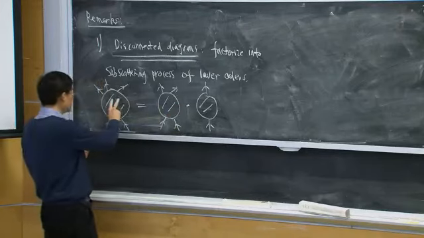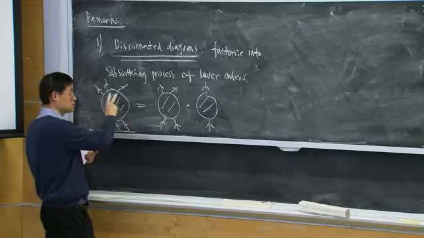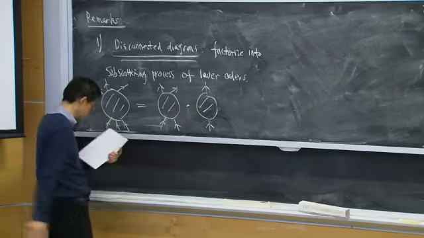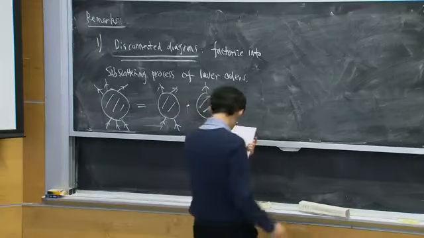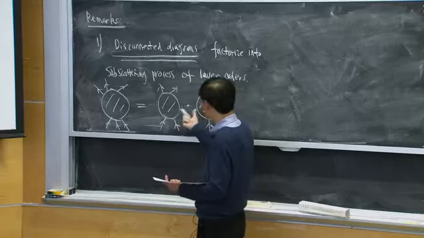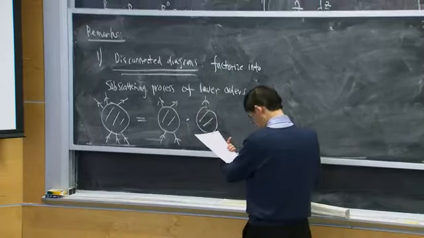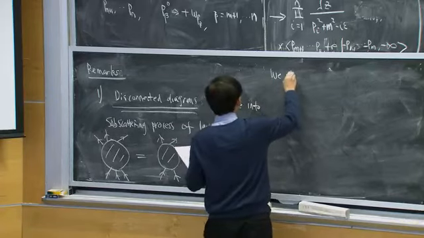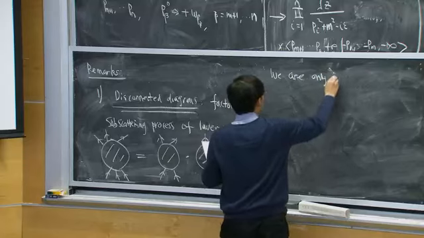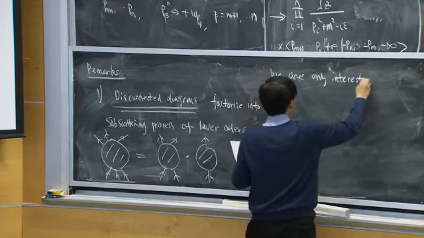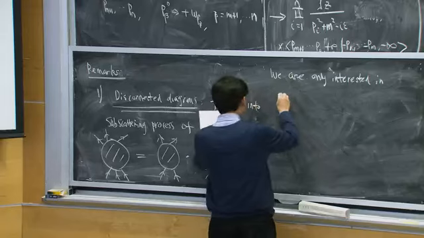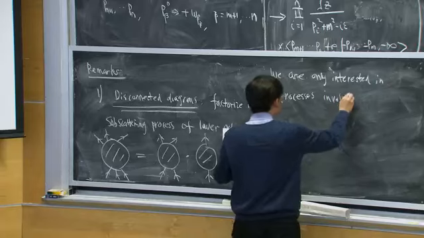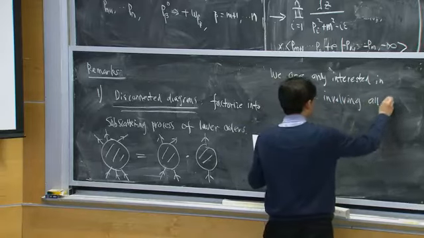So normally we don't include them. Essentially they're already understood. So when we define the scattering amplitude, we don't include them. We are only interested in processes involving all participating particles.